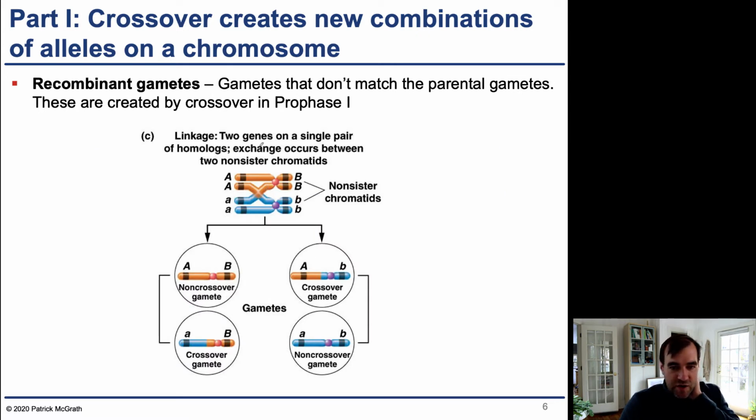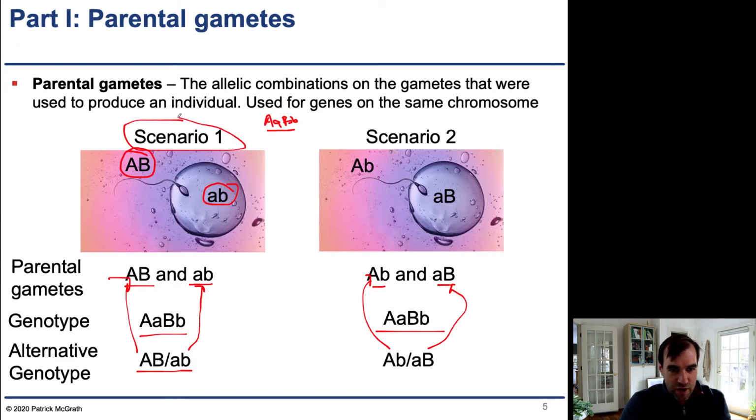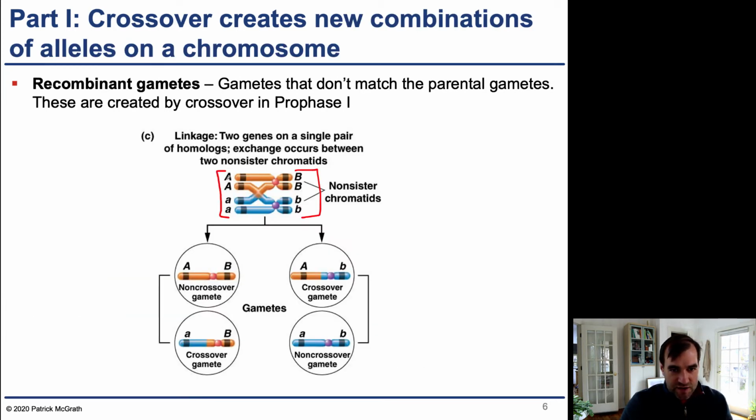So you are an individual that is heterozygote, and now we're interested in the gametes that can be produced by that individual. What we're showing here is scenario one, because one of the parents had both dominant alleles and the other parent had both recessive alleles.